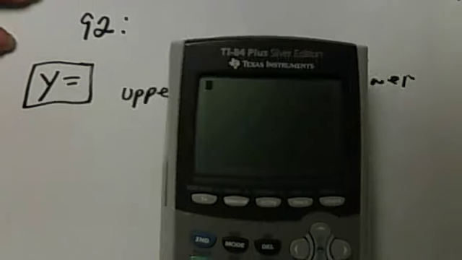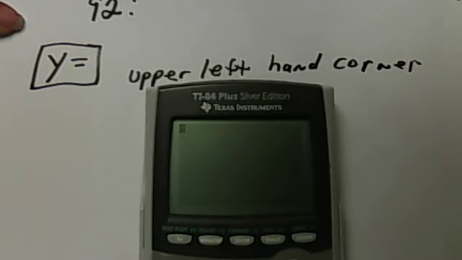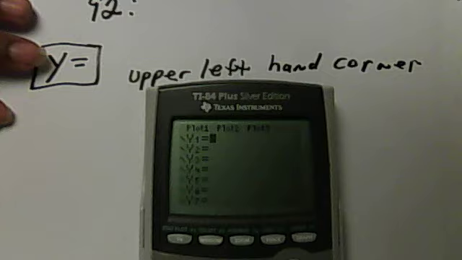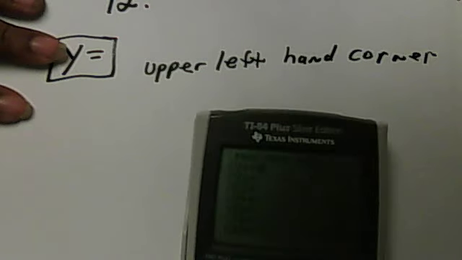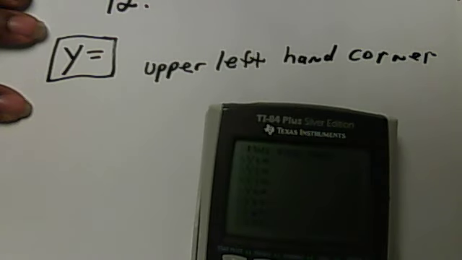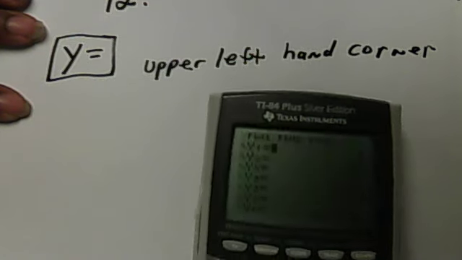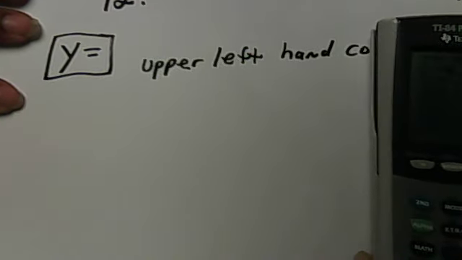Once we hit that Y equals button, we come to the screen, and in this screen we're going to put whatever our number is divided by X.